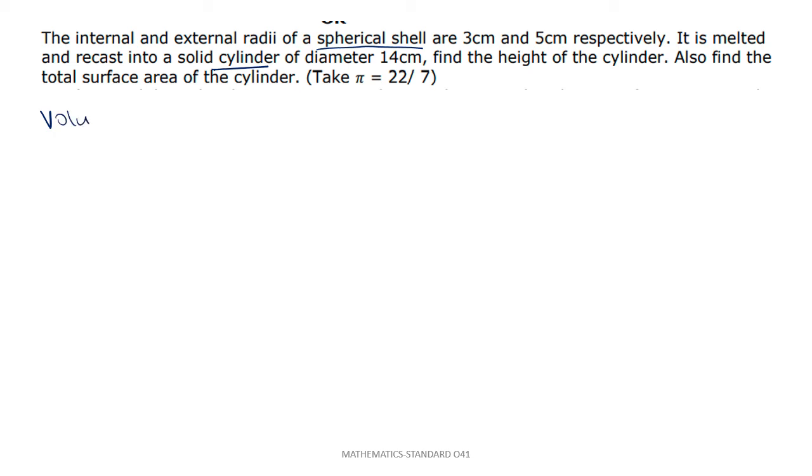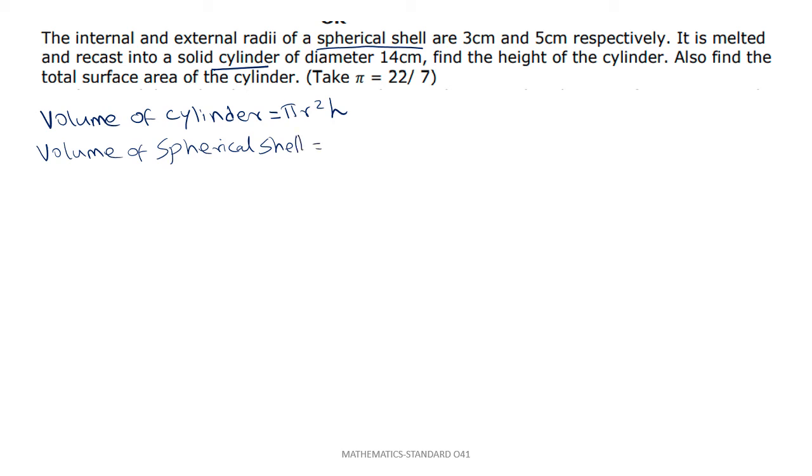So volume of cylinder formula is pi r squared h. And the volume of spherical shell is 4 by 3 pi r cube.